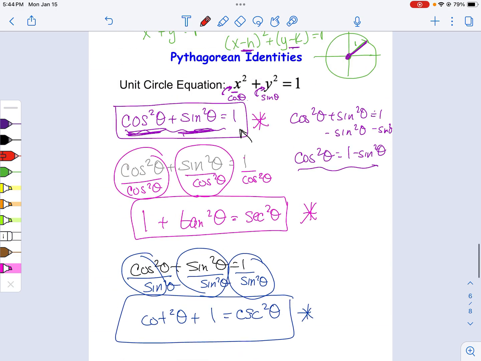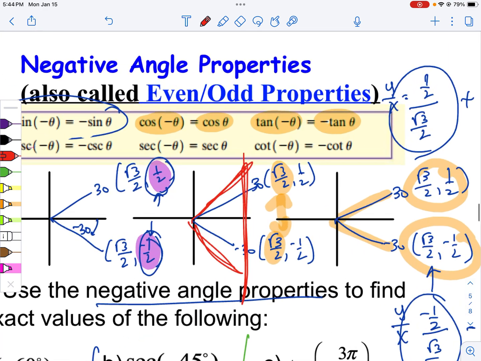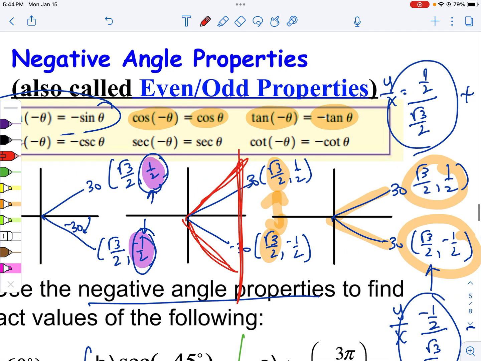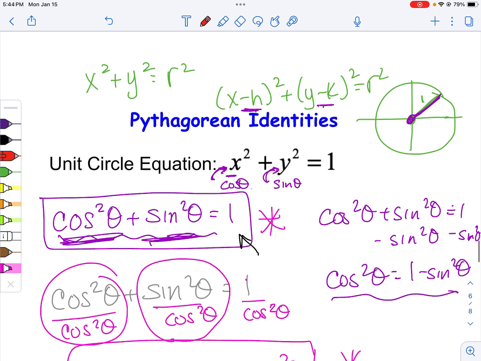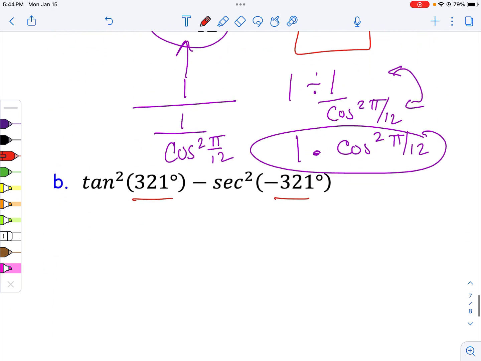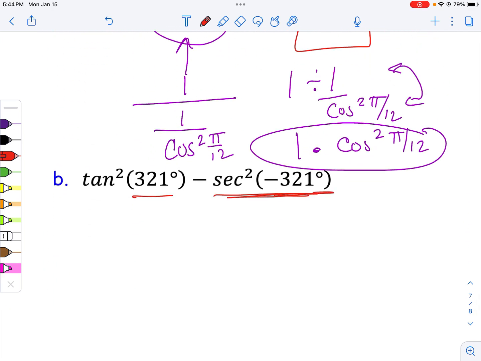Okay, so I want to go back and scroll back here to our negative angle identities. I know that secant of a negative angle is the same as secant of the positive angle. So if I go back to this problem down here, secant of a negative angle is the same as secant, and it's going to be the same for secant squared of the positive angle.